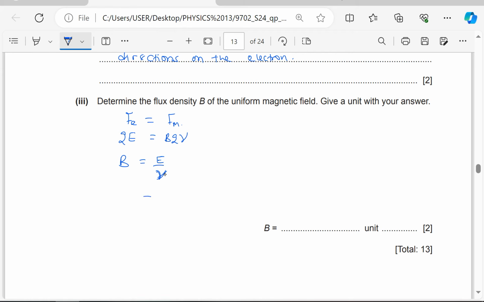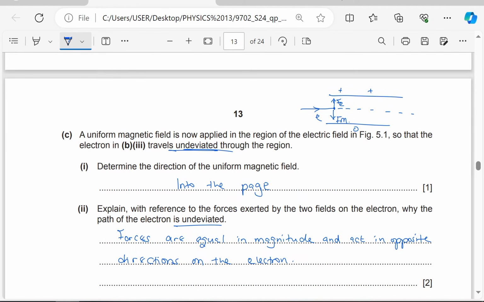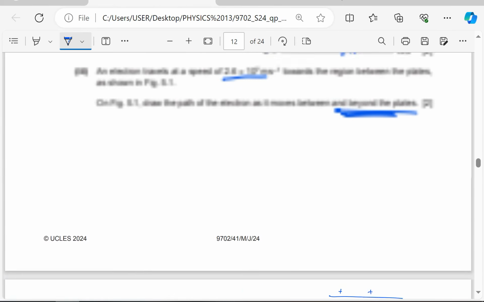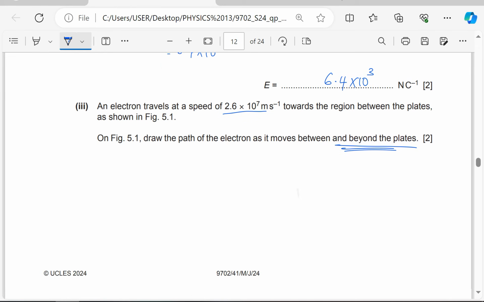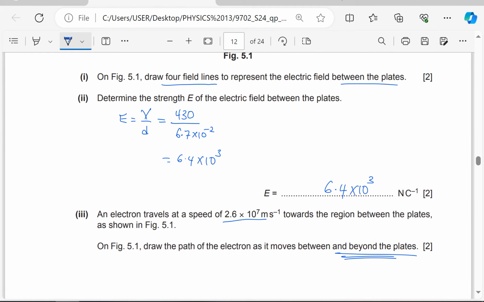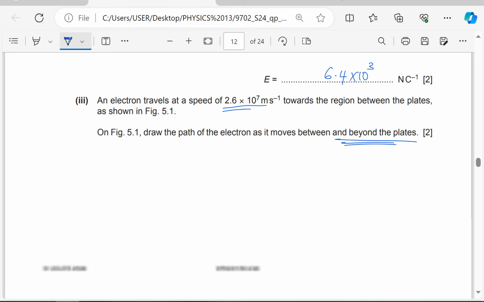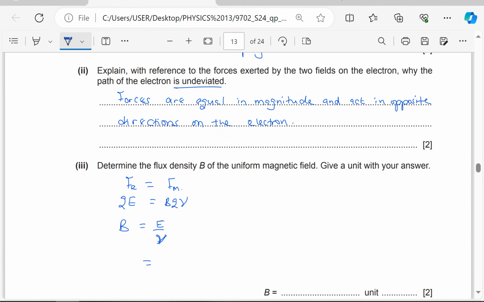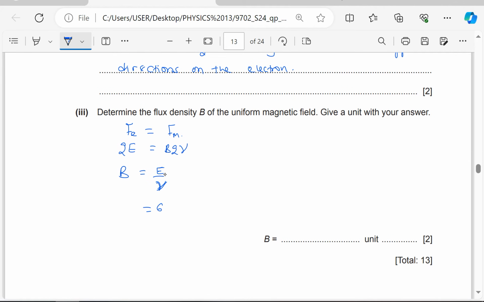When I make substitutions, E was 6.4 times 10 to the power of 3, and V is 2.6 times 10 to the power of 7. So this is 6.4 times 10 to the power of 3 divided by 2.6 times 10 to the power of 7.